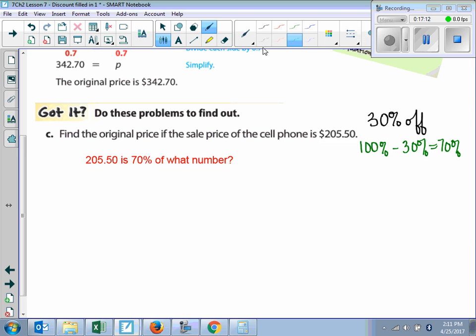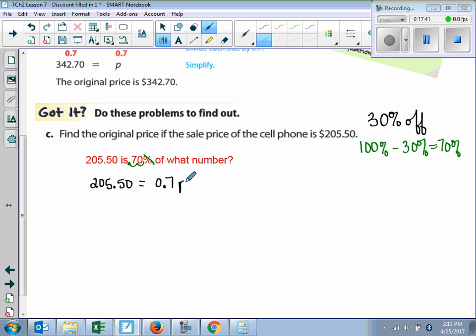So we have $205.50 is, so that's equals, the 70%, we need to change that to a decimal. Very good. So that's going to be 0.7 or 0.70 times what number? And we can just go ahead and put P for the original price.